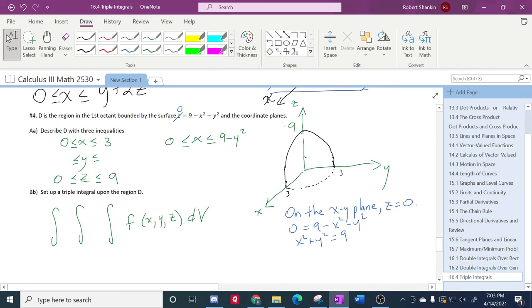Now, this would be right if there was a square root around this. But let's stick with what I had first suggested, which was let's have the x go from 0 to 3.